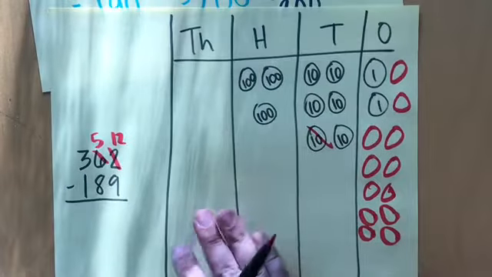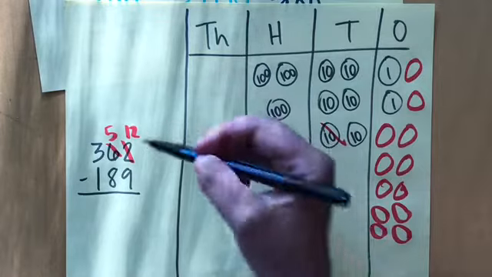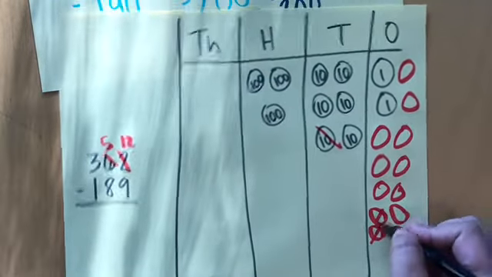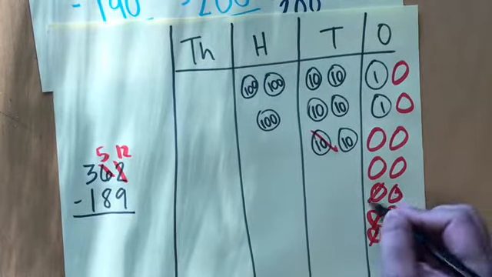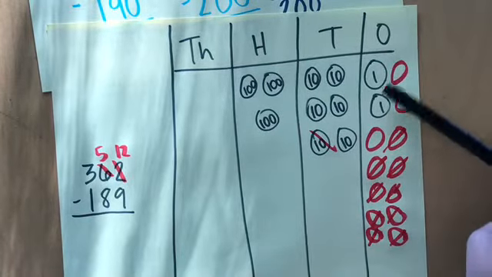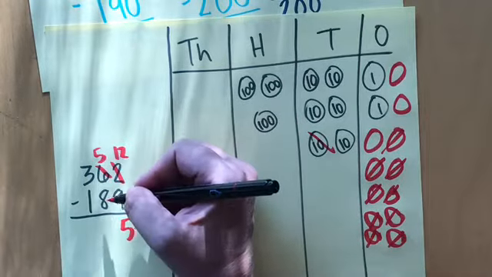I'm having to get kind of funky because I'm holding my daughter in one hand and doing this in the other. All right, so 12 ones take away 9 ones. So 1, 2, 3, 4, 5, 6, 7, 8, 9. So 5 ones are left. 5 tens take away 8 tens.